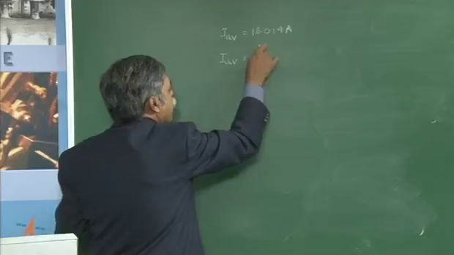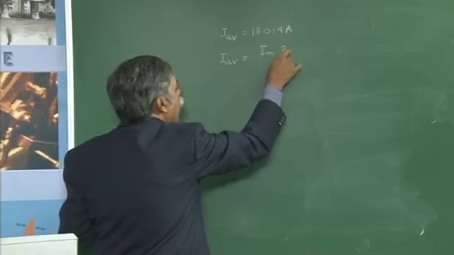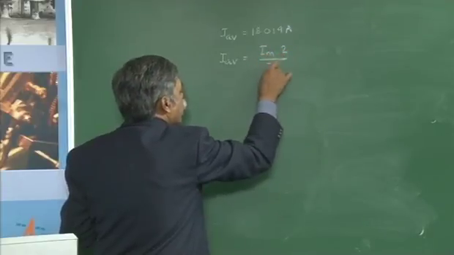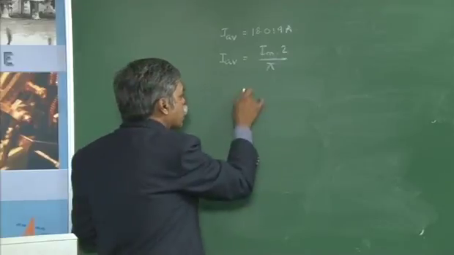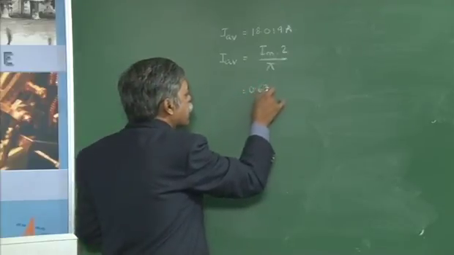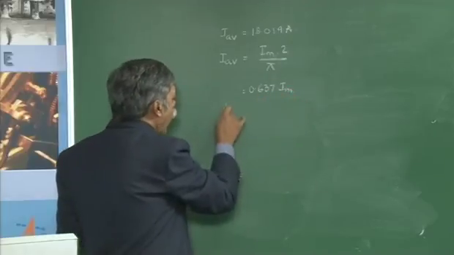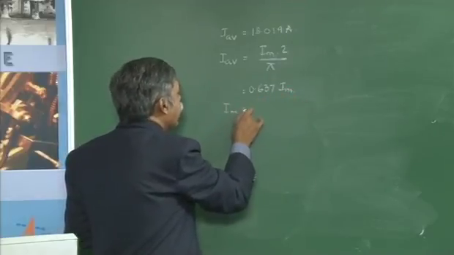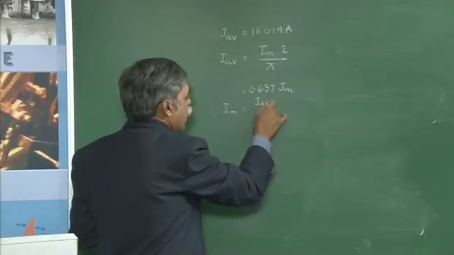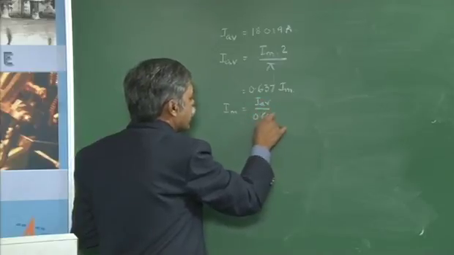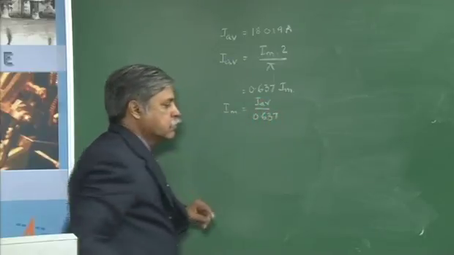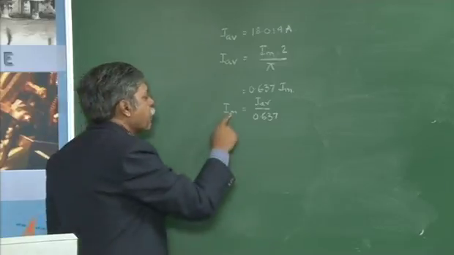I average is I maximum multiplied by 2 divided by pi, or I can also write it as 0.637 I maximum. So I calculate I maximum by dividing I average with this 0.637. This is the maximum value.